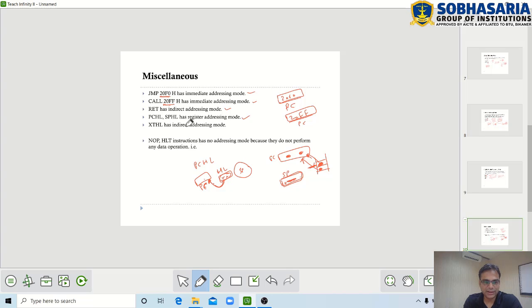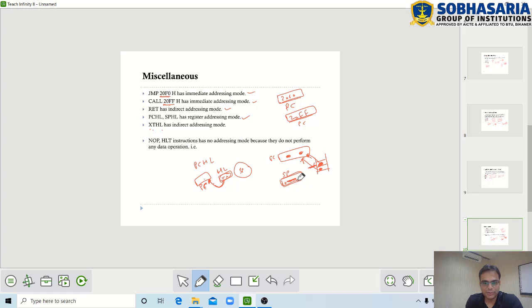Another instruction is XTHL, which is an exchange of the top of the stack with the HL pair. So the data will be loaded into the HL pair from where? From the stack, right? And how can the stack be accessed? The stack can be accessed with the help of the stack pointer.